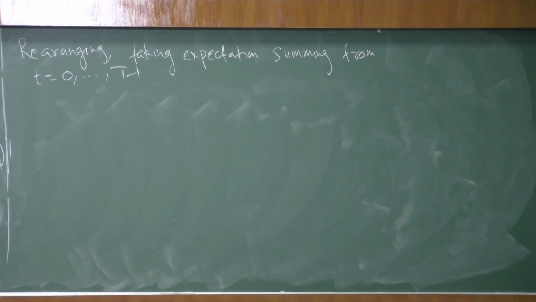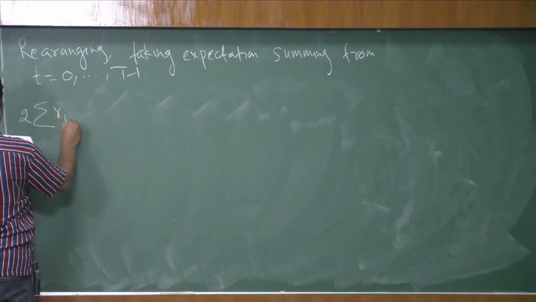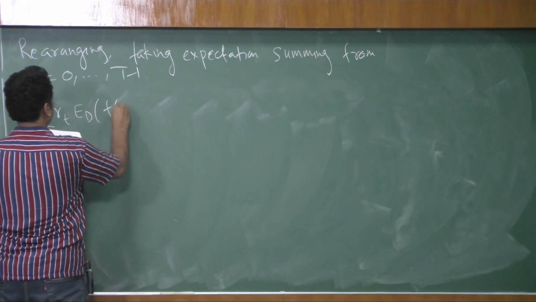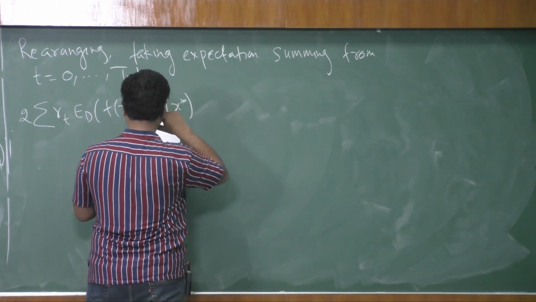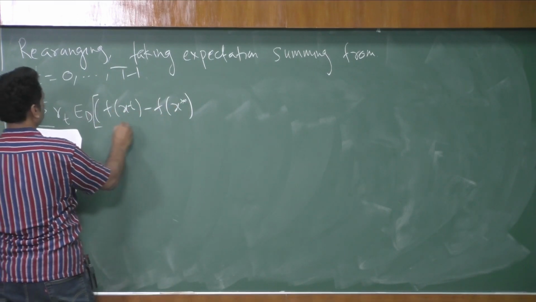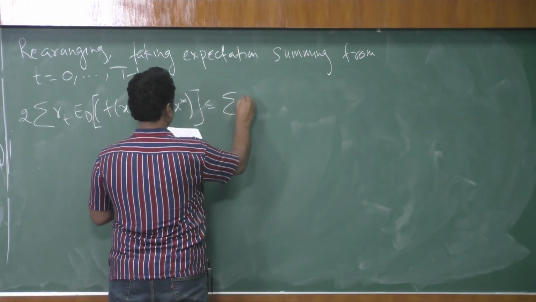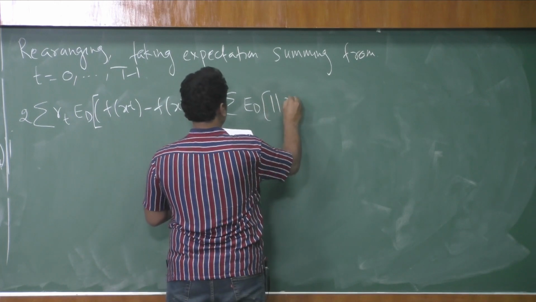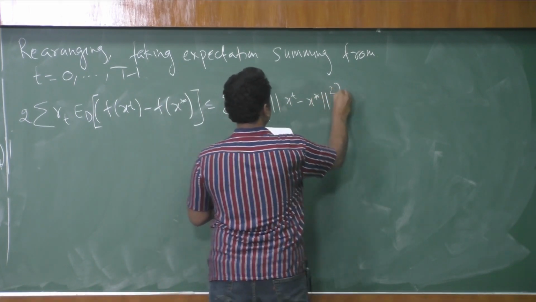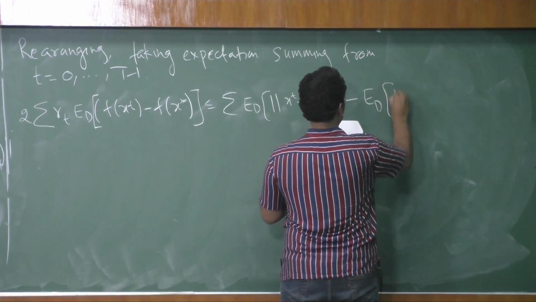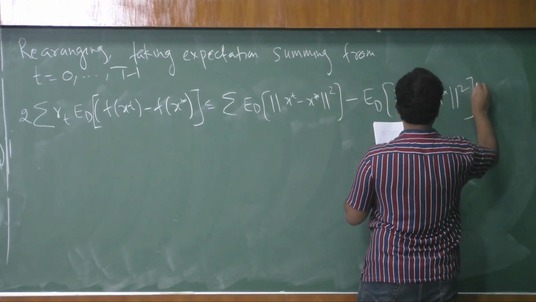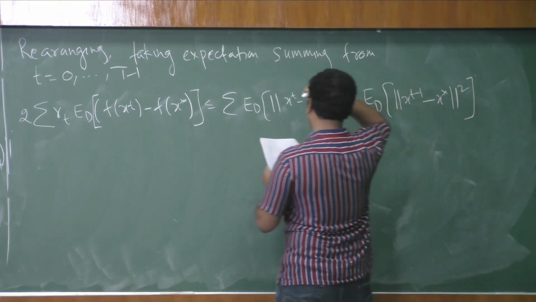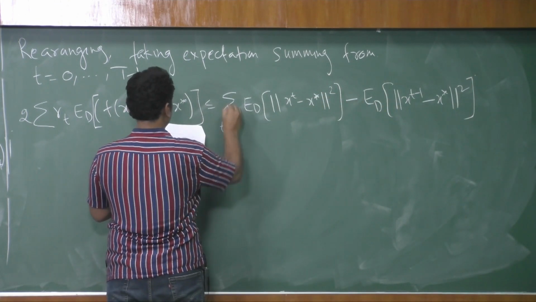Okay, and if we do that, then we get gamma t times the expectation of f(xt) minus f(x star), and this is the expectation computed here, and this is less than or equal to expectation of norm of (xt minus x star) squared minus expectation of norm of (xt plus 1 minus x star) squared, and this goes with the sum, t equals 0 to t minus 1.